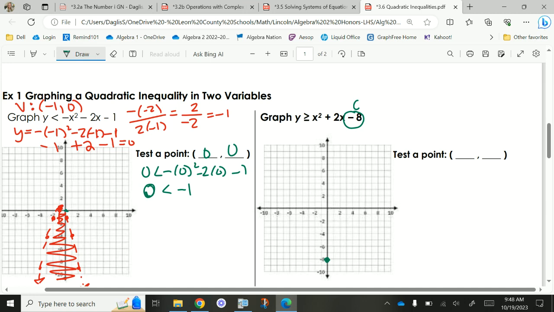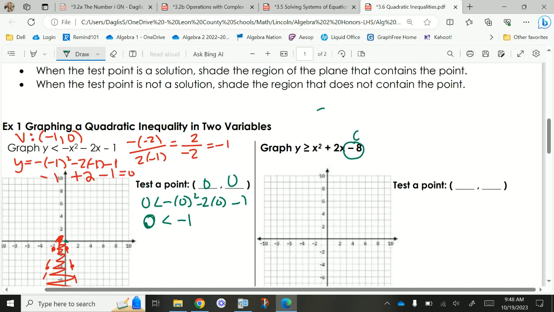So I know that point's there. All right, let's still find our vertex, though. So opposite b over 2a. So opposite b, which is 2, divided by 2 times a, which is 1. So negative 2 over 2 gives me a negative 1. Let's plug that in to get the matching y. So we have negative 1 squared plus 2 times negative 1 minus 8.